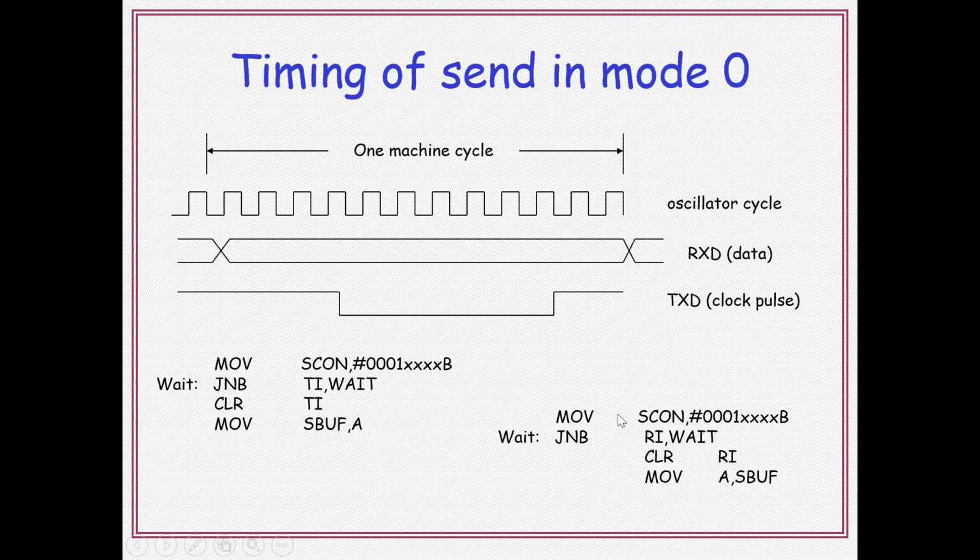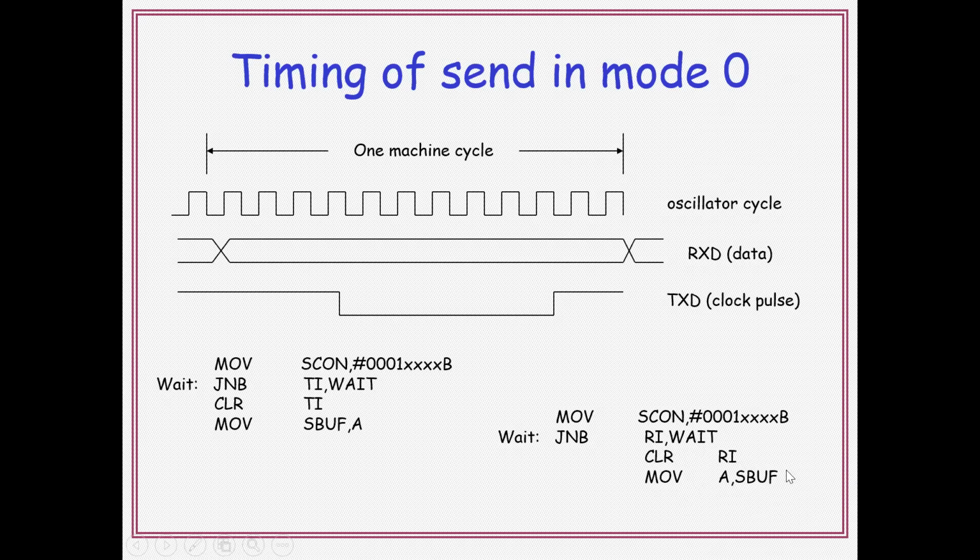For receiving also, first you need to initialize the SCON register. After that, first wait for receiving, because the receiving data is serial data, so to read all the data we need some time. Once receiving is completed, clear the RI flag, because these flags are set by hardware and cleared by software.